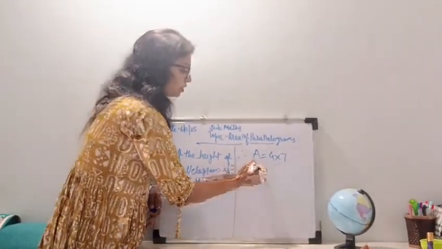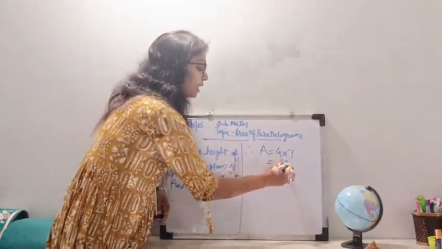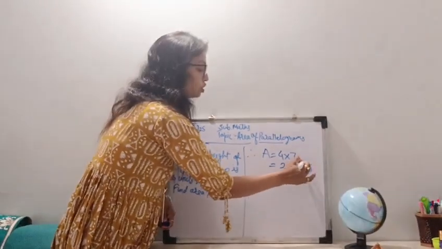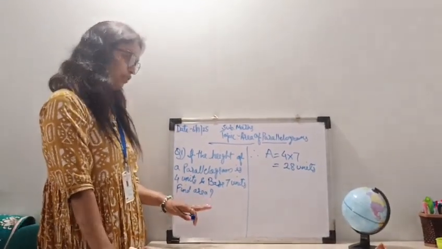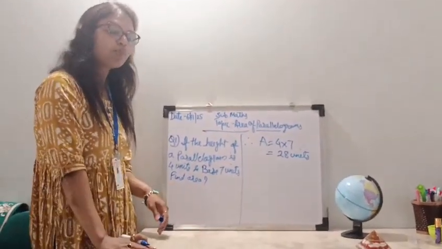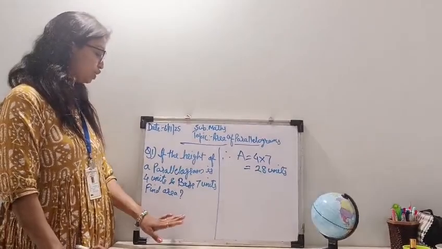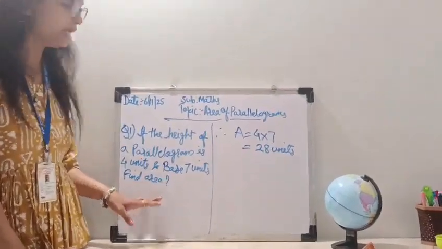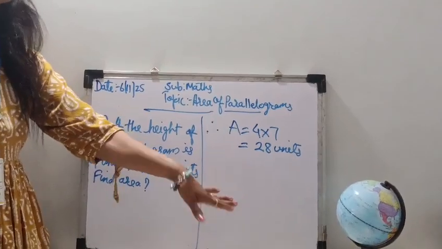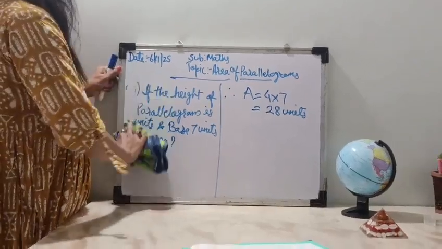So 4 multiplied by 7 will be 28 units. So what will be the area of that parallelogram? That will be 28 unit. Okay? Hope all you are clear with this question. Very easily we have found the area of the parallelogram. Okay, now we will take another example for this.